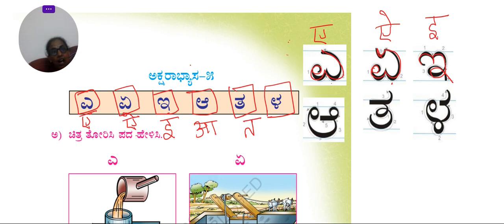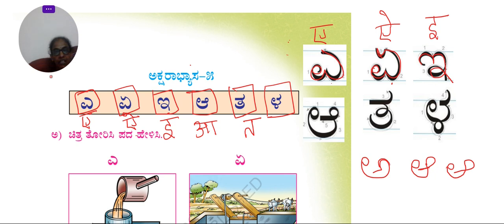Now let's look at A. Remember we did A in our very first lesson. So we wrote A like this. When you were writing A, 4 was going inside. Here 4 will go outside and then you will put a line. So you will start 1, 2, 3, 4, 5.